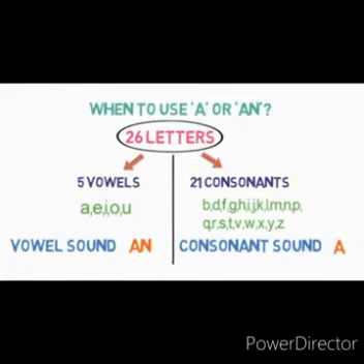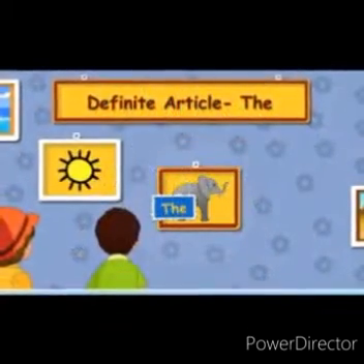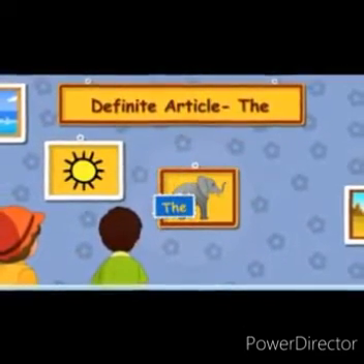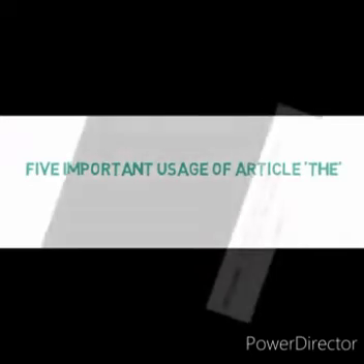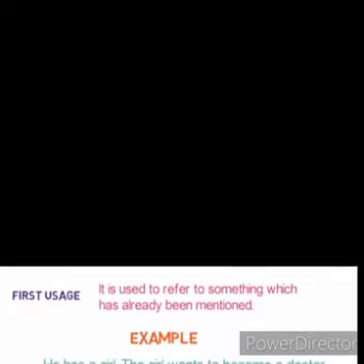Now next is definite article, and that is the. Now definite article the has 5 important usage, and they are: firstly, article the is used to refer to something which has already been mentioned.